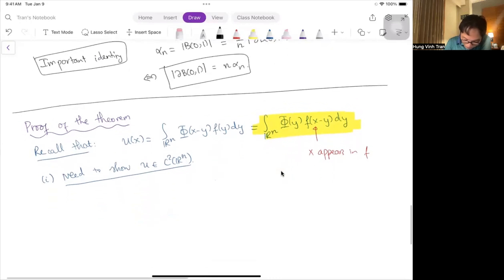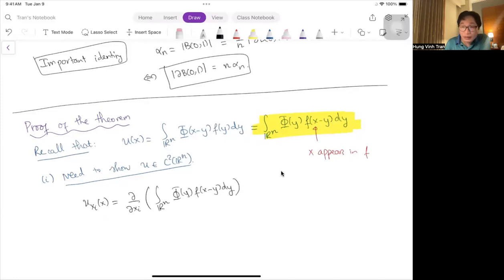So let's do it. I have u_xi of x equal to the partial derivative del over del xi of the integral in R^n of phi of y f of x minus y dy. And again, we know that f is nice, so we can put the derivative inside the integral. This equals the integral in R^n of phi of y f_xi of x minus y dy.